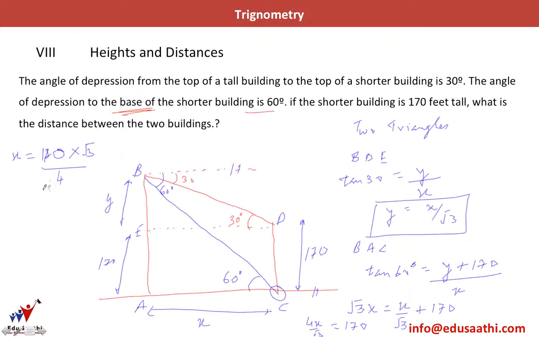So this is my final answer for the distance between the two towers. I hope this is clear. What I've done here is tan 60 is root 3. I took x this side, the denominator, and y I substituted from here. So I could easily find out what is x.